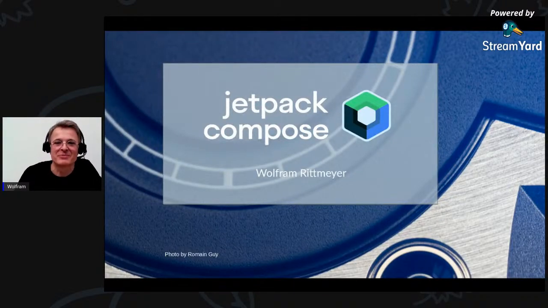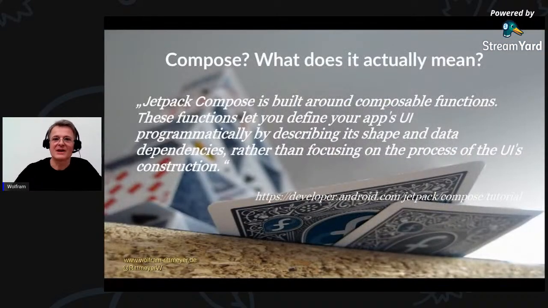So in this talk about Jetpack Compose, it's about creating a user interface made up of lots of small components and ideally many stateless components. And this is from the website of Google, where they present Jetpack Compose. And they say that it's built around composable functions, and that these functions let you define your app's UI programmatically rather than before with XML, by describing its shape and data dependencies.